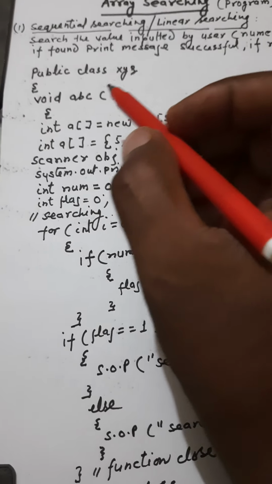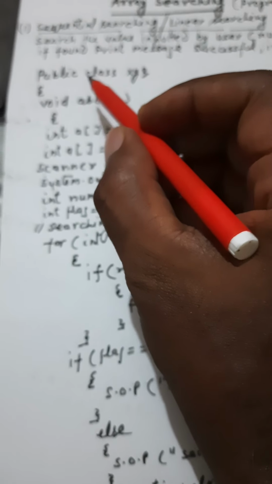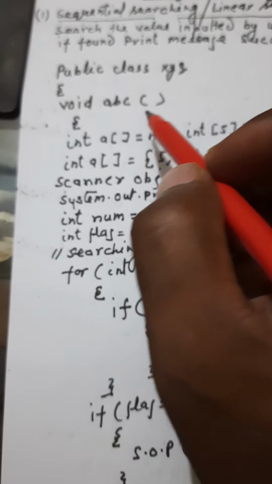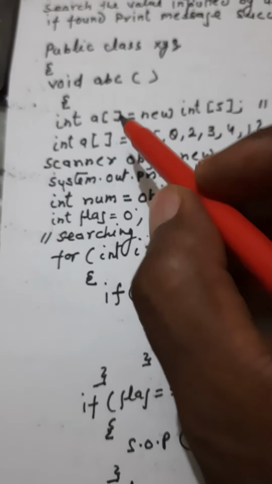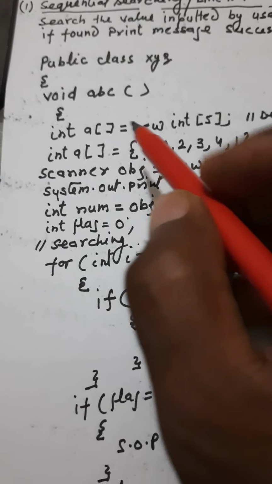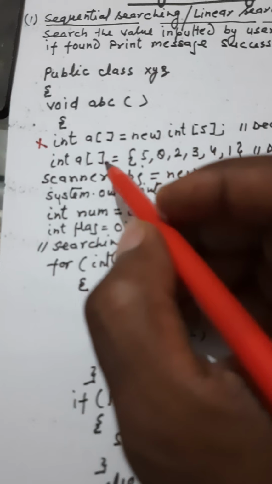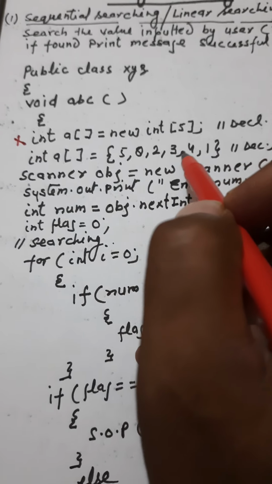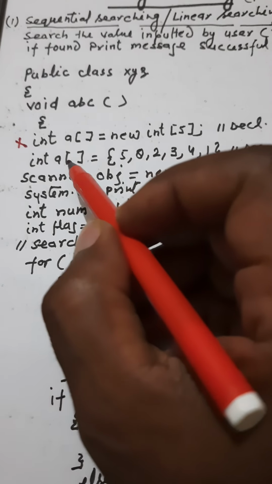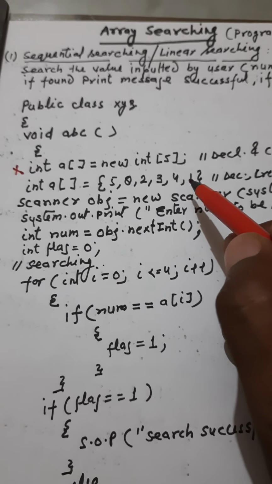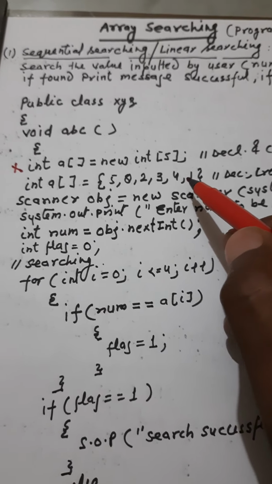So what we will do for that: public class xyz, void abc, it is a function name. There is no need to write it, because what we are doing is storing 5 values into the array A. This line is known as declaration, creation and storing.